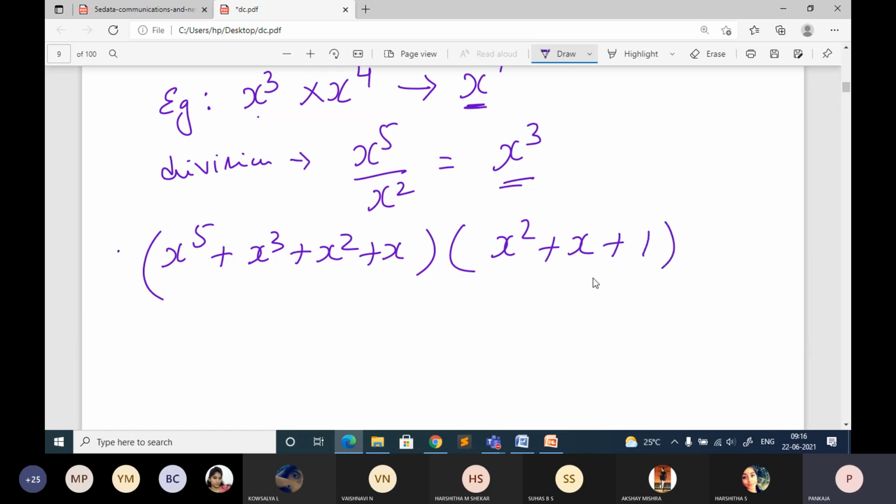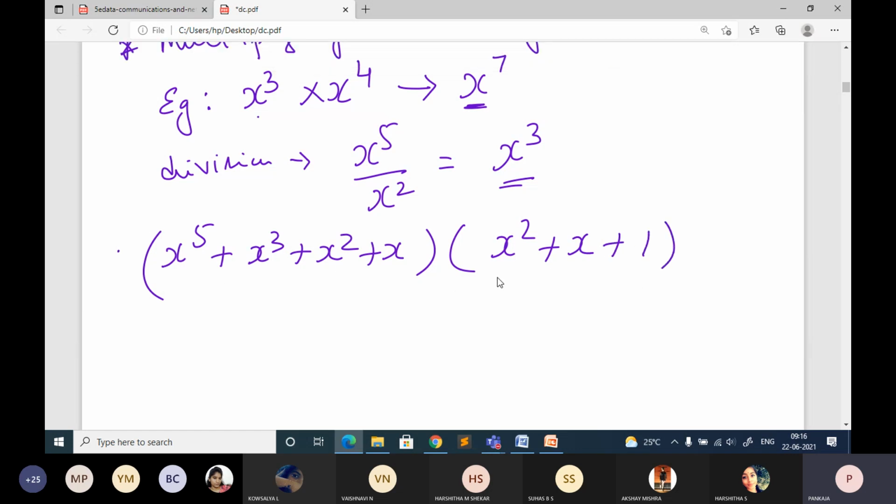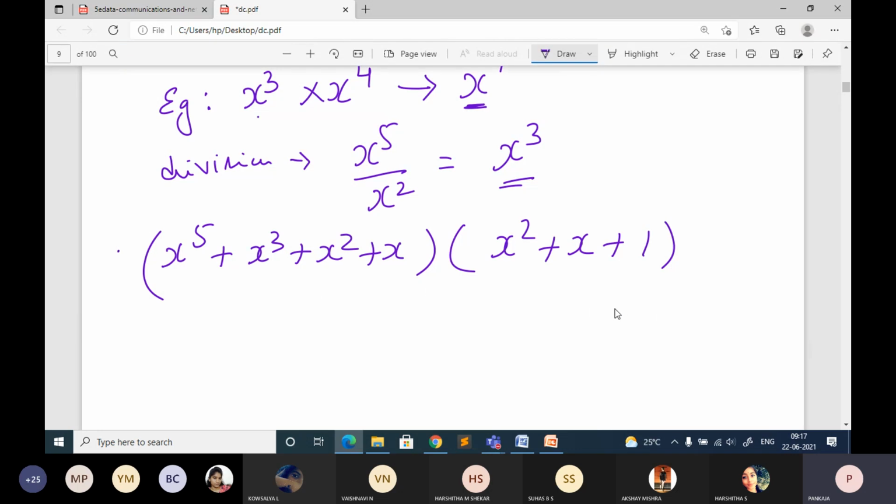Now if you want to multiply this, how are you going to do it? You will take one term here, multiply with all the terms, and you will get all possible combinations of that, and wherever you find identical terms you need to cancel, and only the remaining terms you need to write. I think these are very basic things.